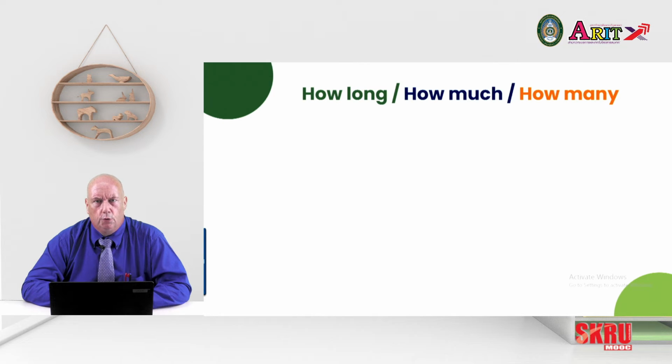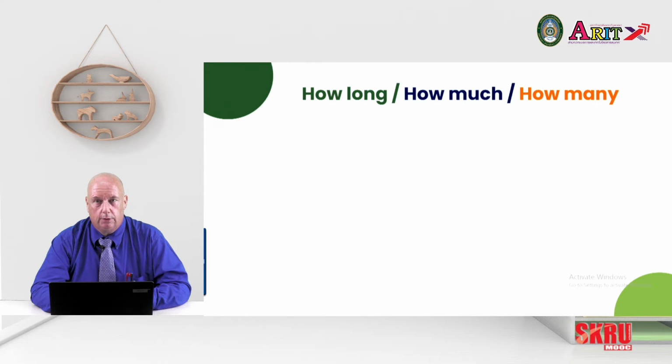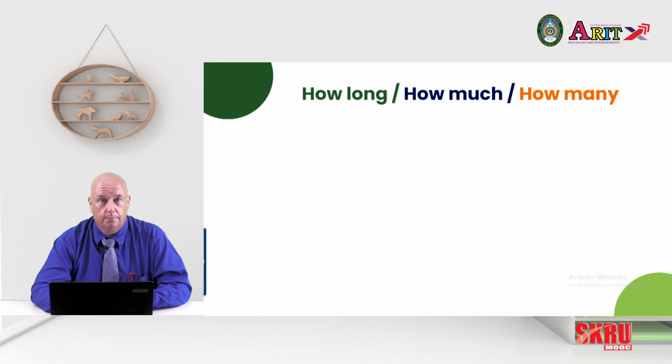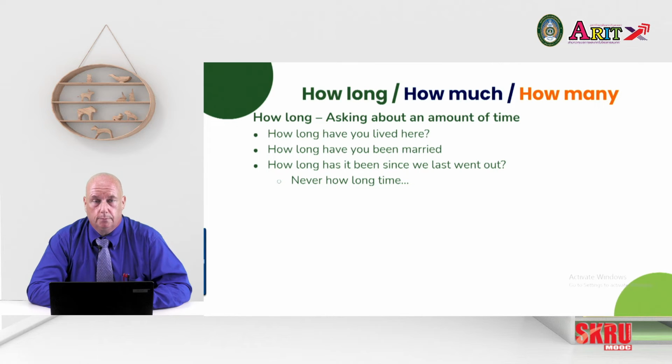Let's take a look at how we use a couple of different phrases. How long, how much, and how many. Now, I'm looking at these specifically related to time. How long is asking about an amount of time.